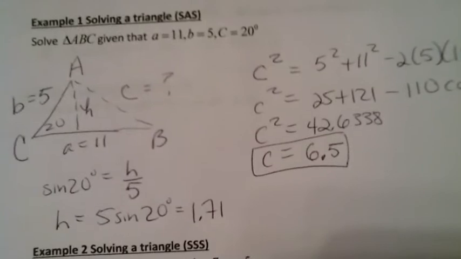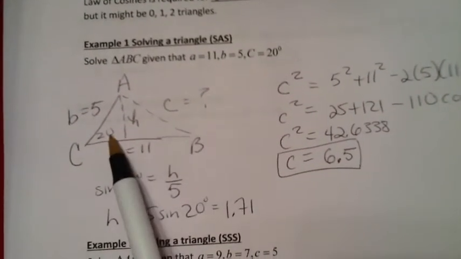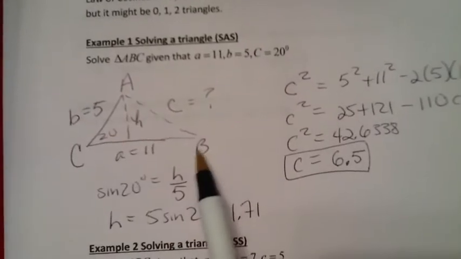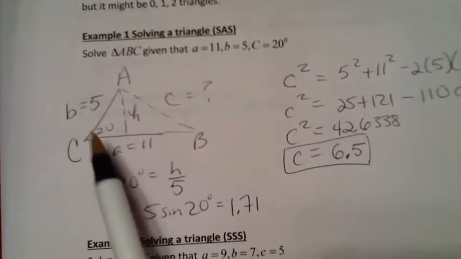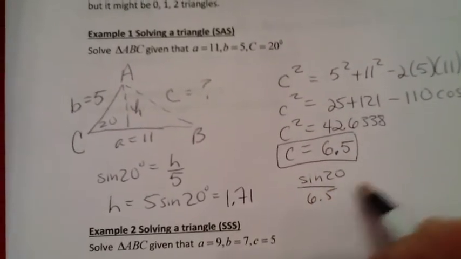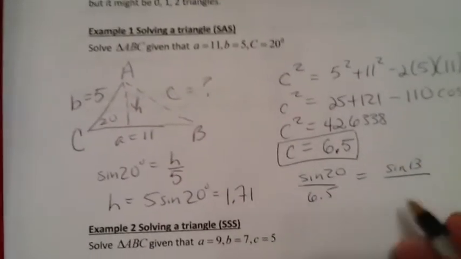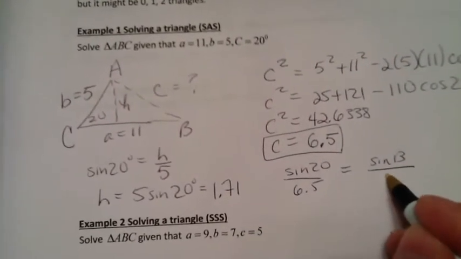Now I'm going to need to find an angle. I have a side and an angle, and I'm going to try and solve for B because it should be the smallest angle. So what I'm going to do is I'm going to use the law of sines. 20 is to 6.5 as the sine of B is to 5.